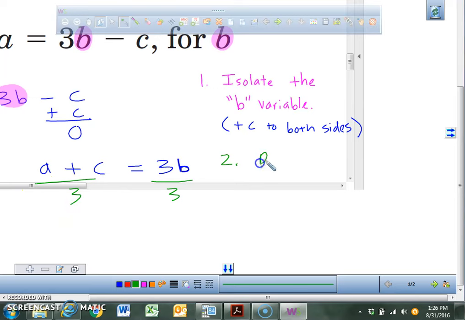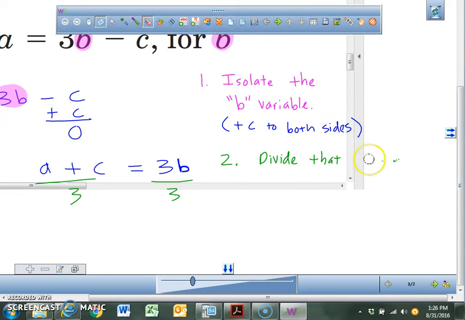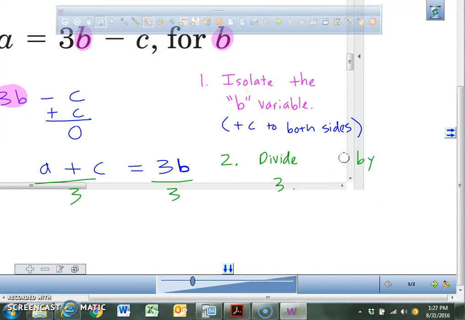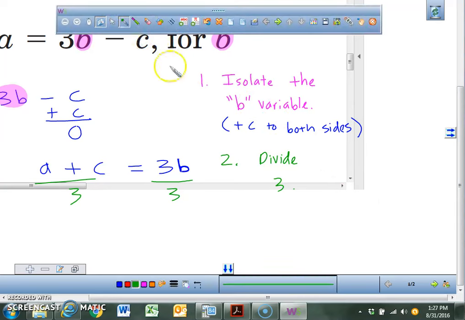So here, step number 2, we write: divide that by 3 on both sides. All right, divide each side by 3.